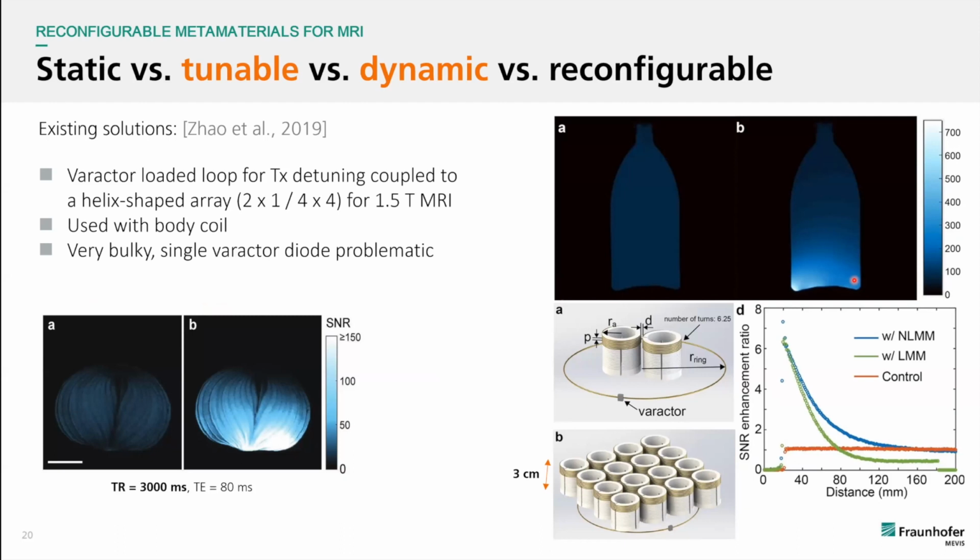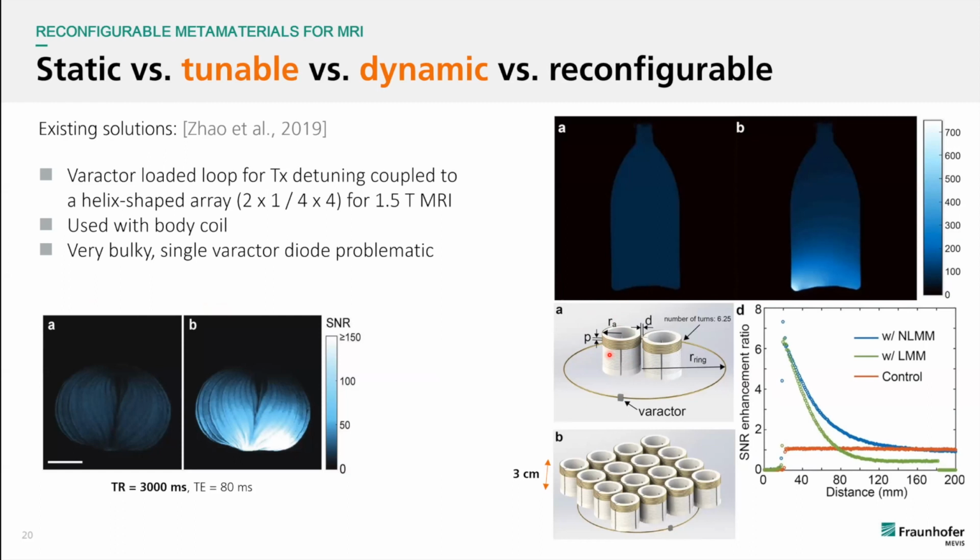Another metamaterial which is not only tunable but also dynamic is a metamaterial which was presented by a group in Boston, from Xinjiang's group. And they are using relatively bulky elements here. They are 3 centimeters high, which has some spiral or coil structures on here, which are tuned to a certain frequency.